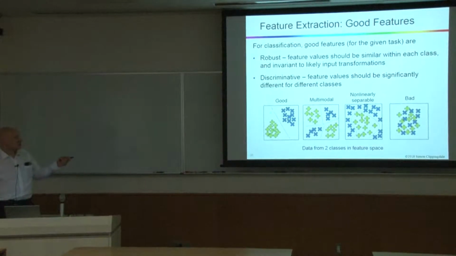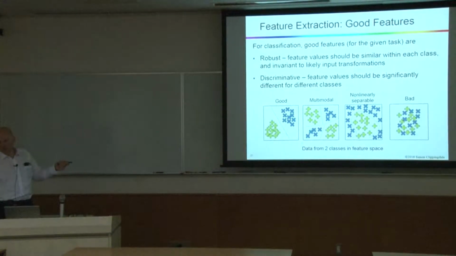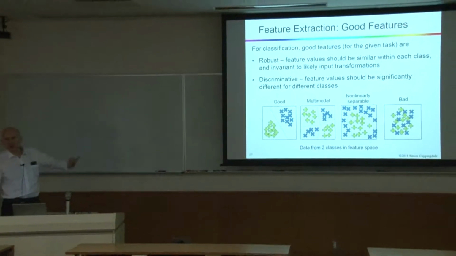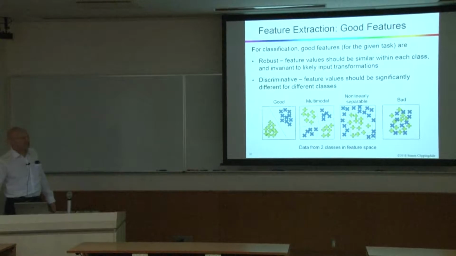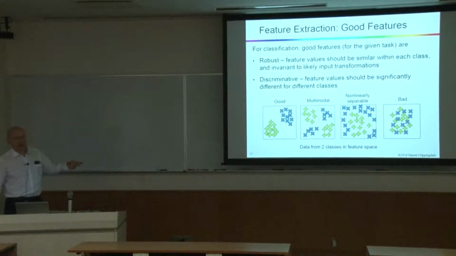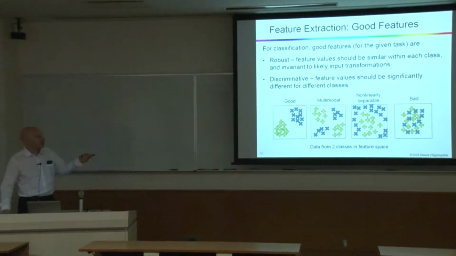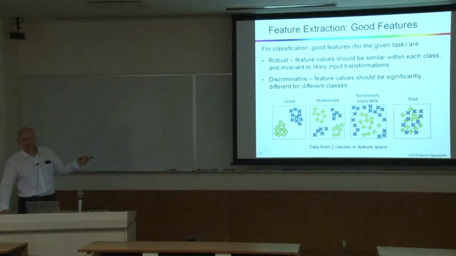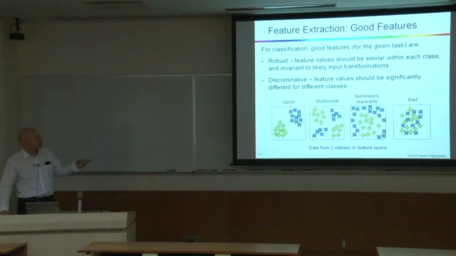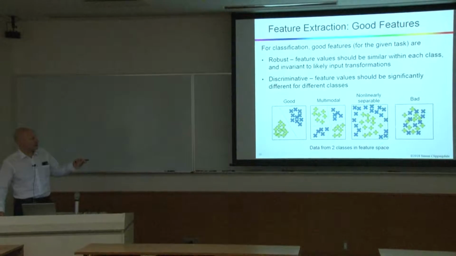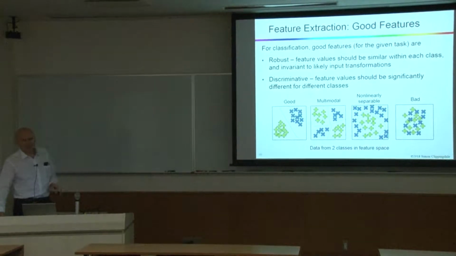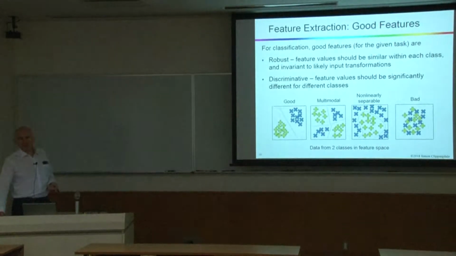So in pictures, something like this is going to be good. There's a simple boundary that adequately separates all your data samples, and this is computationally pretty easy. This is less easy, but still not too awful. Here we've got a non-linearly separable pair of data sets, which again is not great.